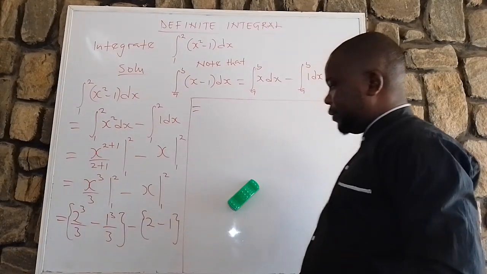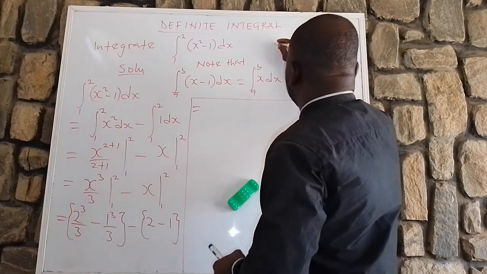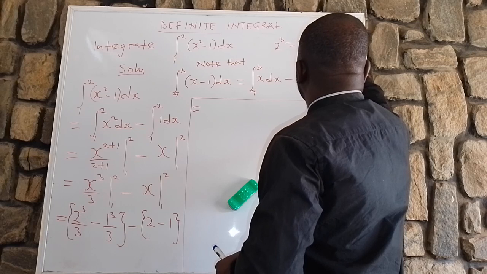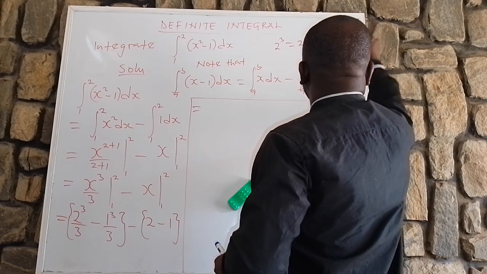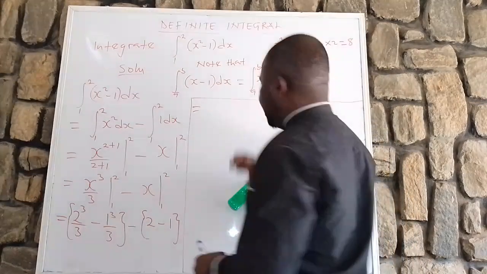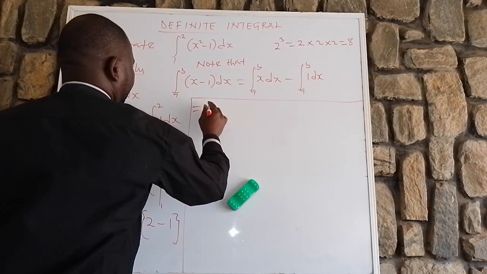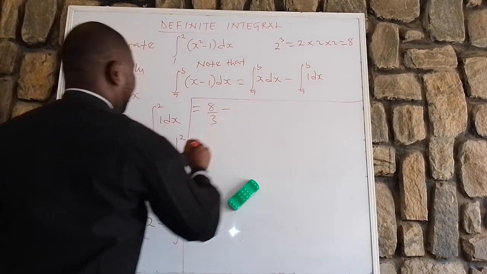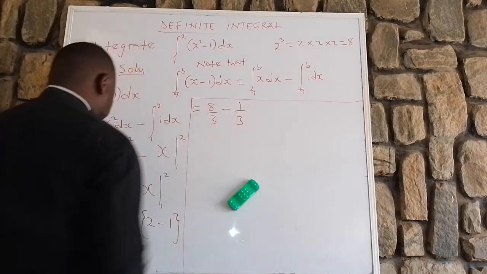Look at it very well. 2 raised to the power 3 means 2 times 2 times 2, which is equal to 8. So here will be 8 all over 3, minus 1 raised to the power 3, which is the same as 1 all over 3.